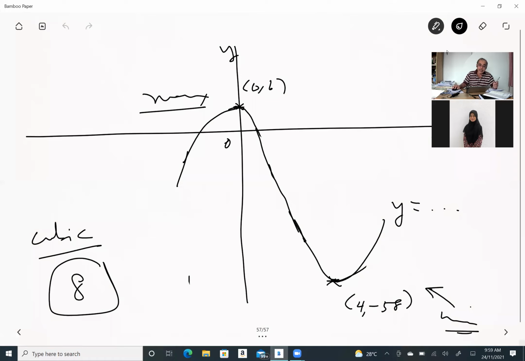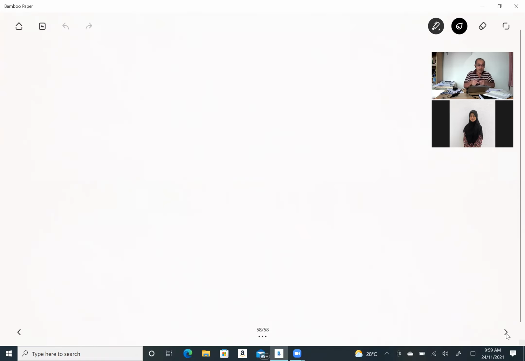Question number 8. If you do that question, you get the derivative, and you will not be able to find the roots. So for the question, you get this one. You get the y prime.